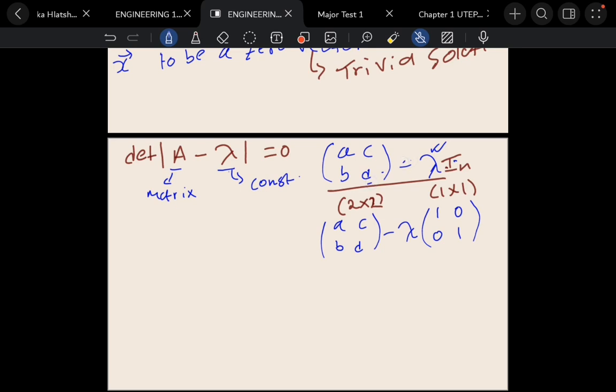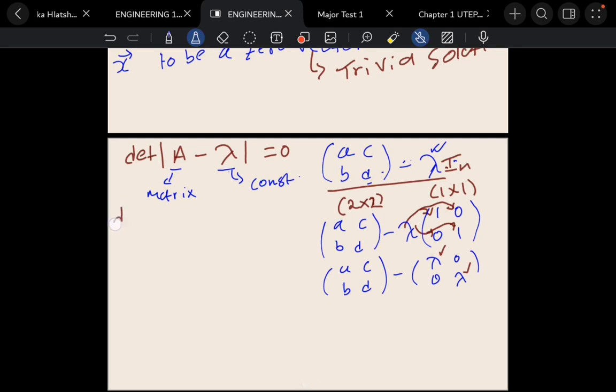So what will happen? I'll have a, b, c, d minus lambda 0, 0, lambda. Remember, this lambda here will multiply each entry inside that identity matrix to have such a format. Now you can add these two matrices, right?